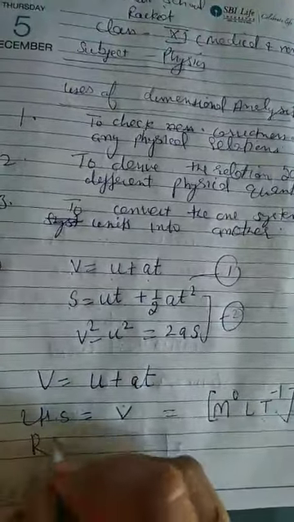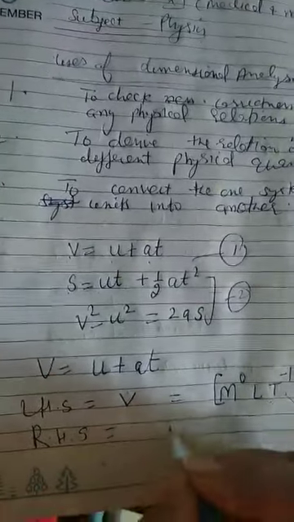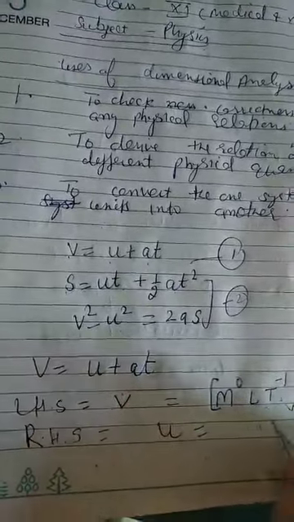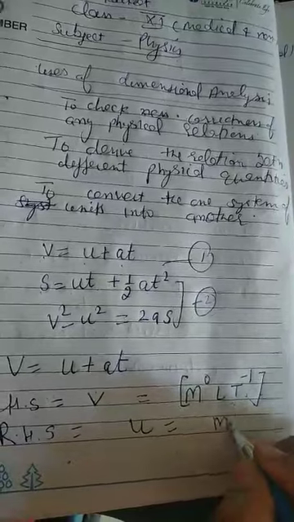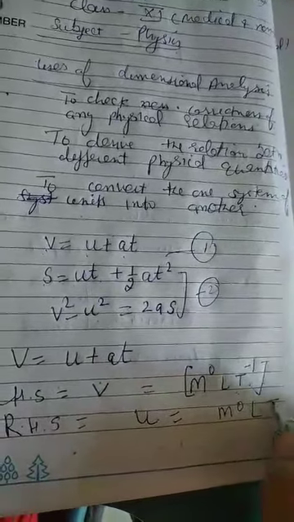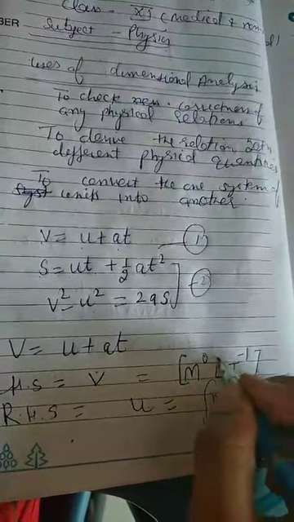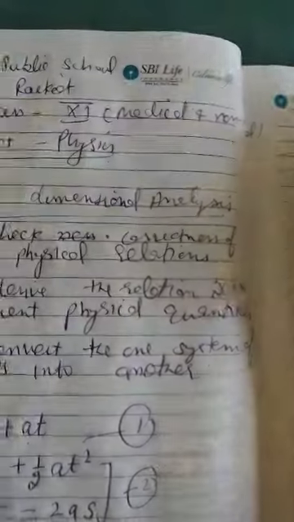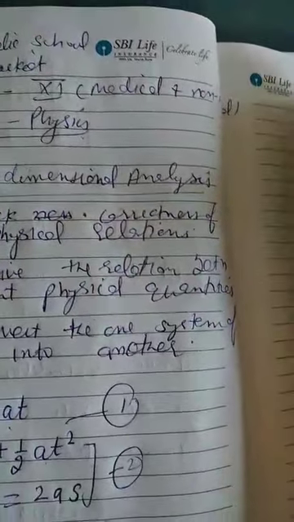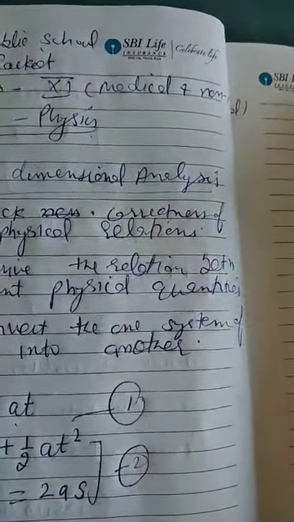Similarly, right hand side, u. What is the dimension of u? u is initial velocity, L T^-1. Here we can write it as L^1 also. Clear? Similarly, second term in right hand side, that is at, acceleration into time.